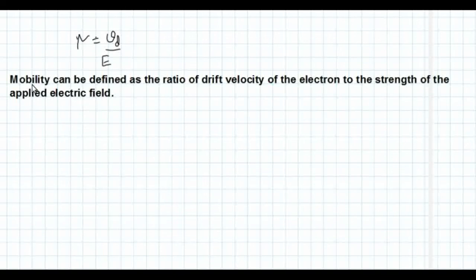So mobility can be defined as the ratio of drift velocity of the electron to the strength of the applied electric field. So that is how we are defining the mobility of the electrons.